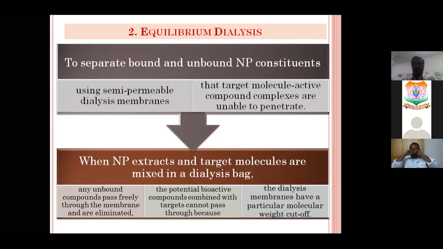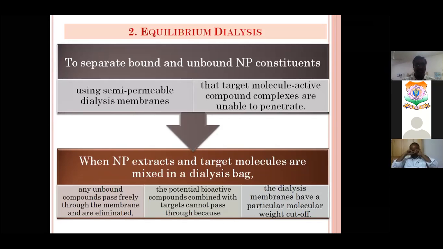And the potential bioactive compounds cannot pass through the membrane. The dialysis membrane has a particular molecular weight cutoff. That is the reason the bound compounds stay inside, that is called a semi-permeable membrane.